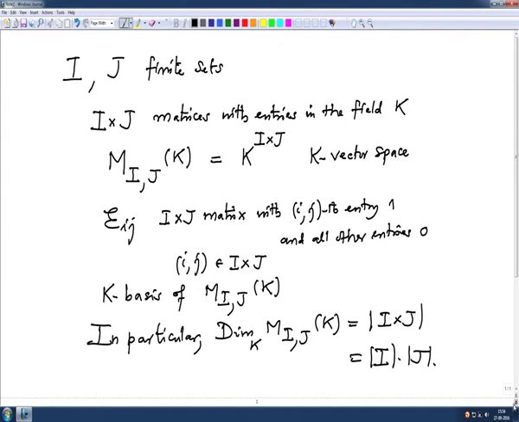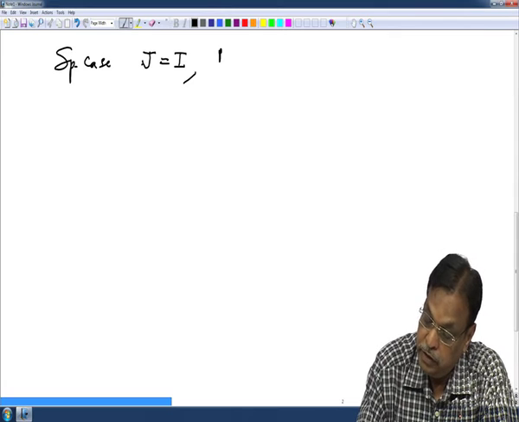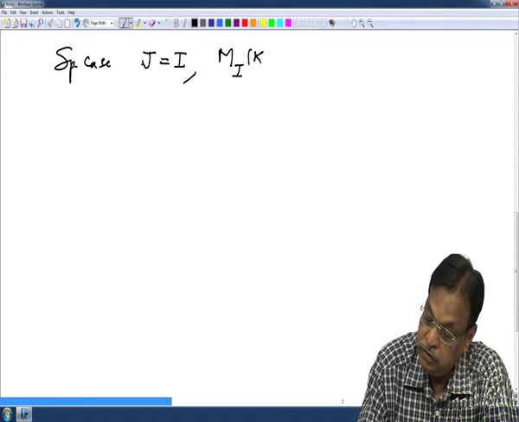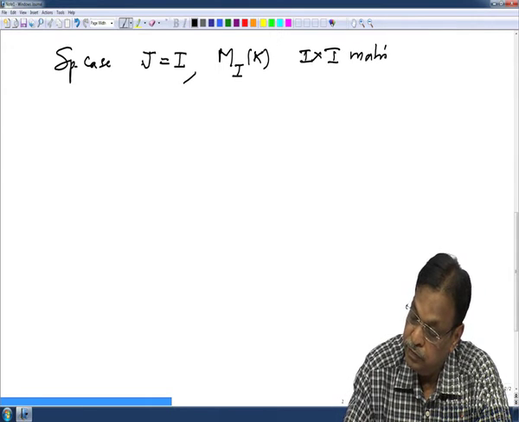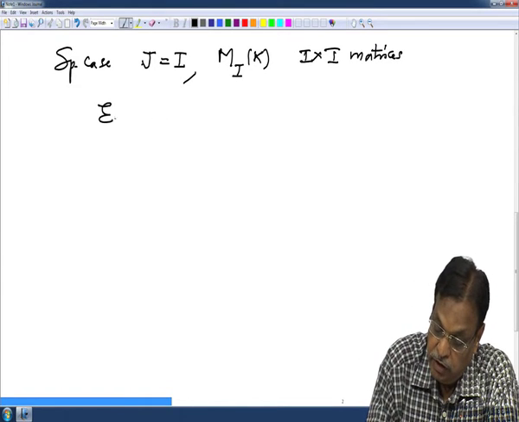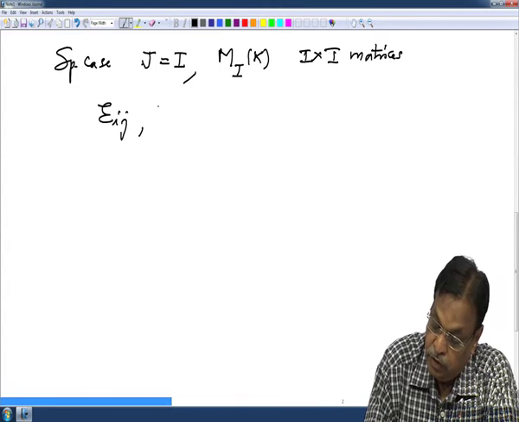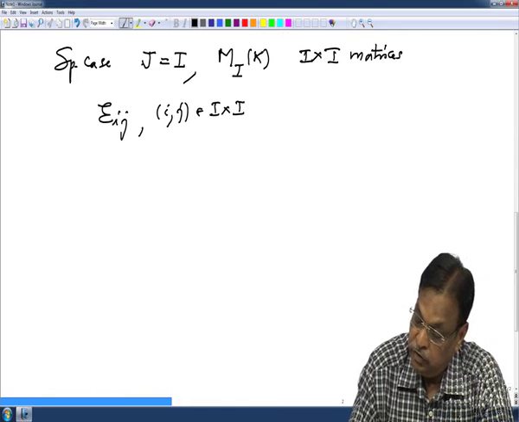Very special case, when J equal to I, then M_I(K), these square matrices, I cross I matrices, with entries always in the field K. This has a basis E_ij, where i, j both are varying in I. This is a K basis.